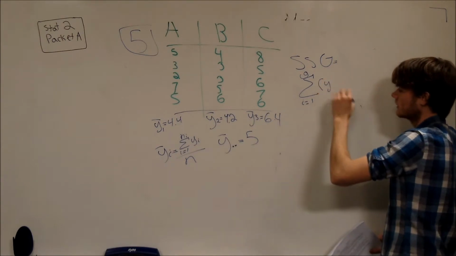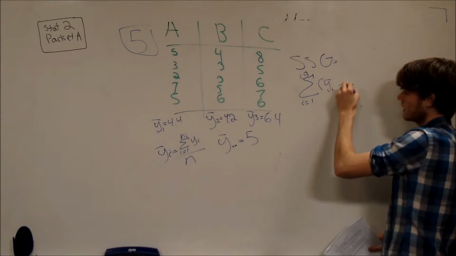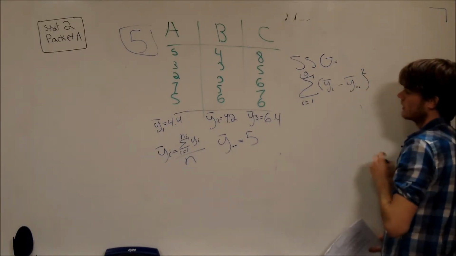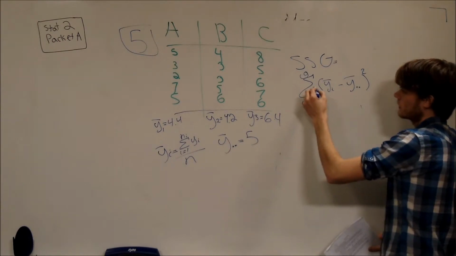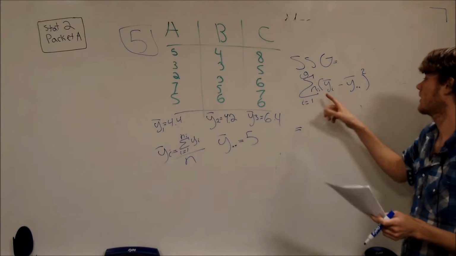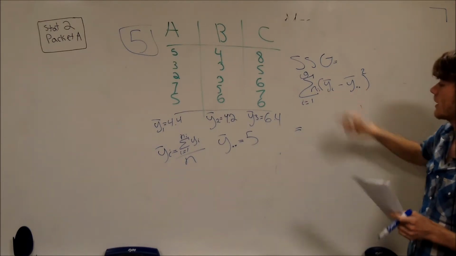It's n_i times (Y bar i minus Y bar dot dot) squared. Each group mean you subtract the grand mean, square it, and multiply by n_i.